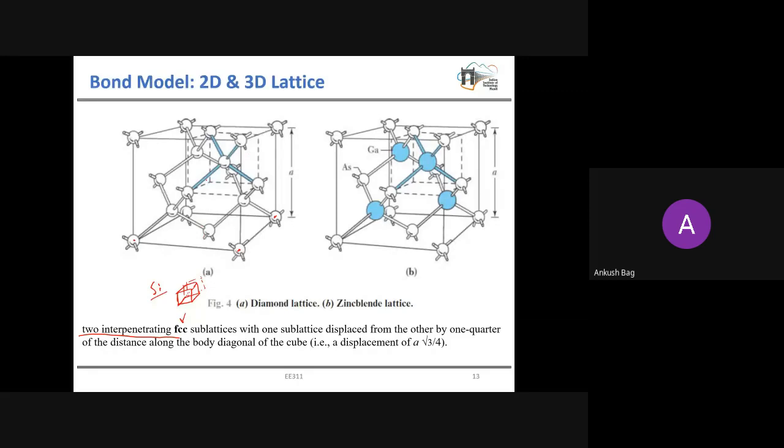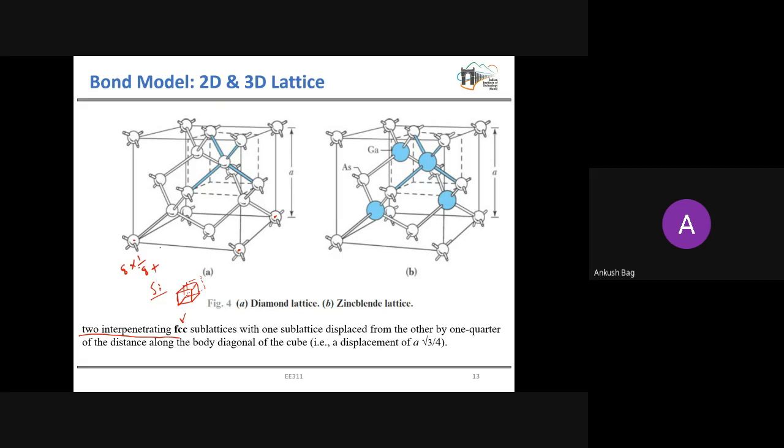So how many silicon atoms are here? These 8 corner atoms are shared by 8 cubes, so 1/8 of each atom will be part of one particular cube.